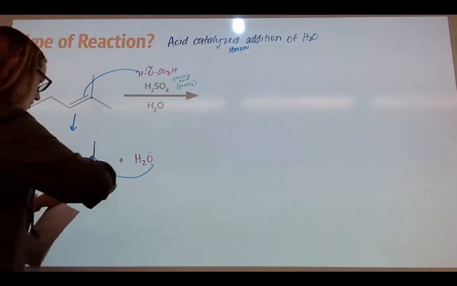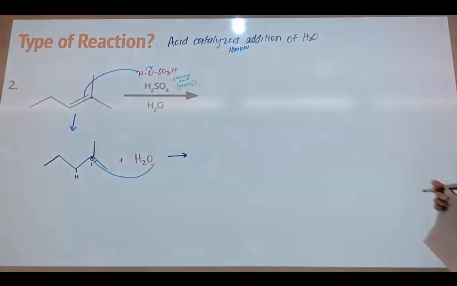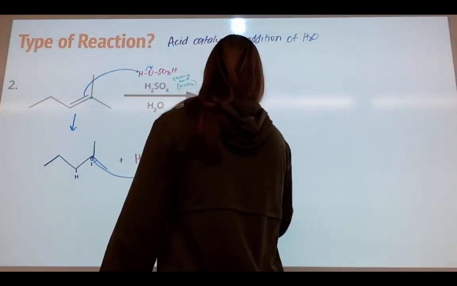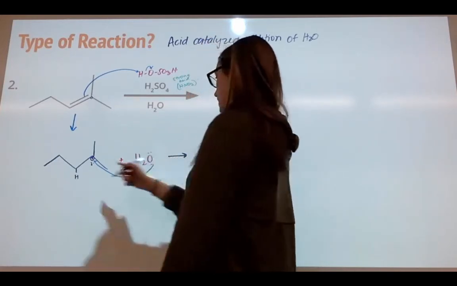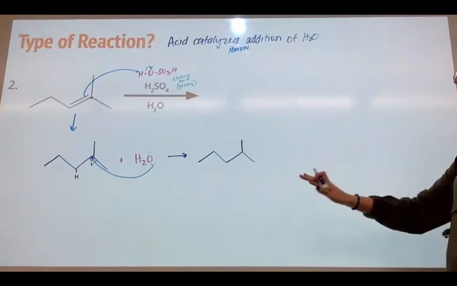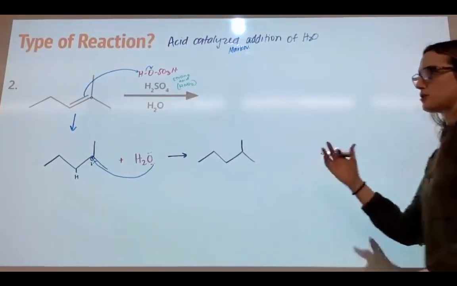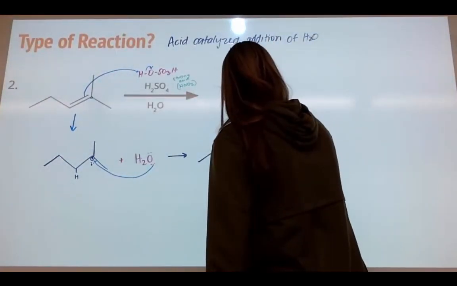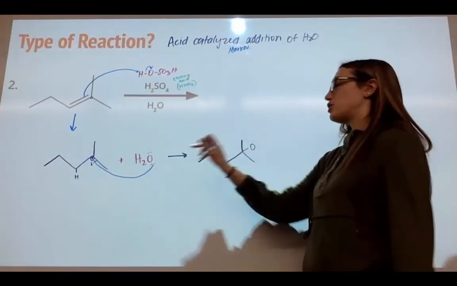I'm just using all kinds of colors here. All right, once those lone pairs on the oxygen attack that carbocation, it creates a bond. I'm going to drop the hydrogen over here. We know that there's hydrogens there. It didn't disappear, it didn't get used up. In bond line structures, we just don't show the hydrogens. But now here, we've added O and 2 H's.